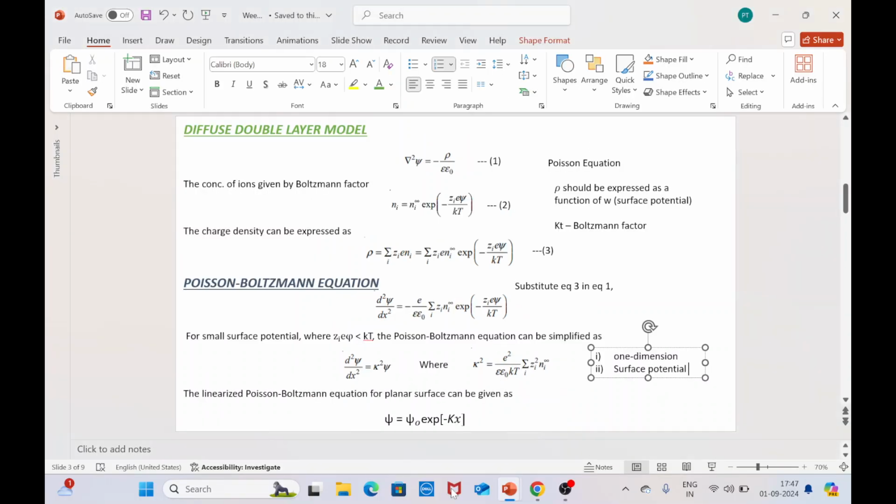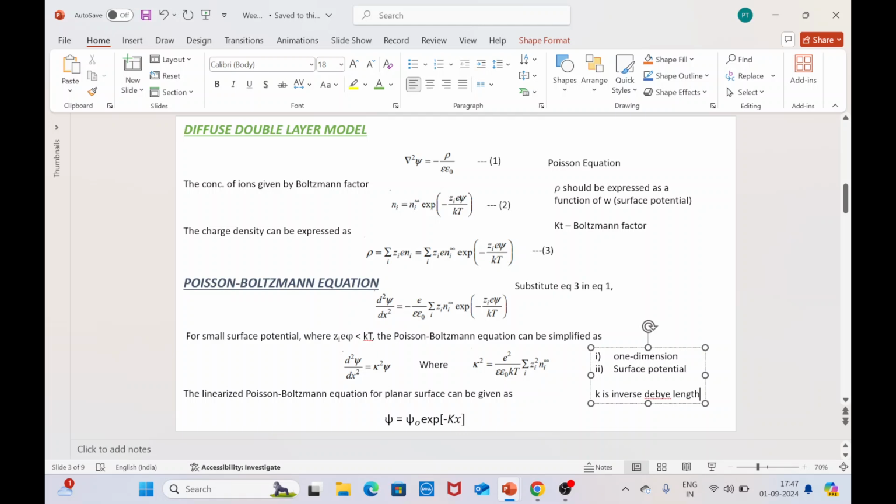This kappa is also called the inverse Debye length.